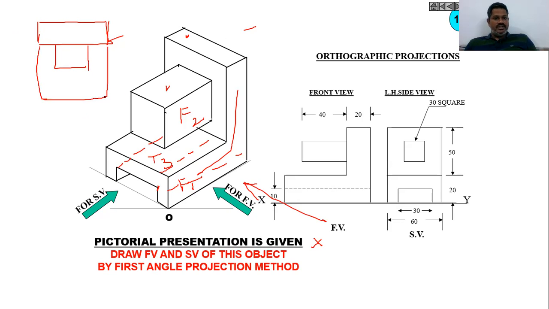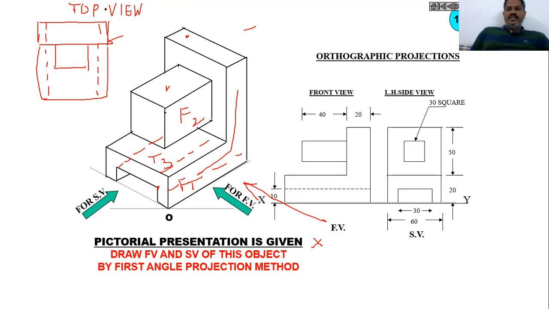Similarly, we have this face, and finally we have one dotted line here, one dotted line here, and one dotted line here. It looks like this. So this is exactly the top view. The top view is not shown in this, so I have shown the top view also here.